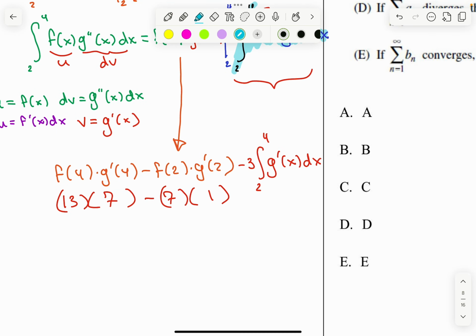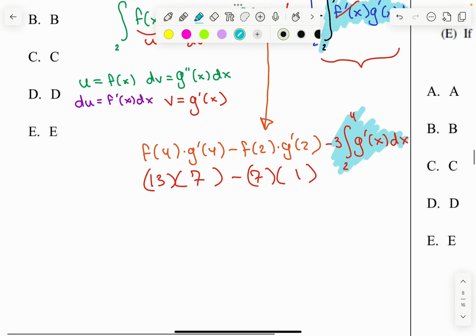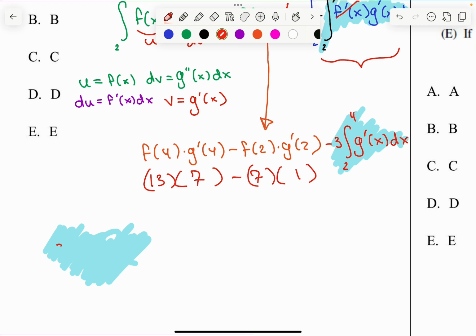And then this integral here is just going to be 3 times, by the fundamental theorem, an antiderivative of g prime, which is just g, evaluated from 2 to 4.